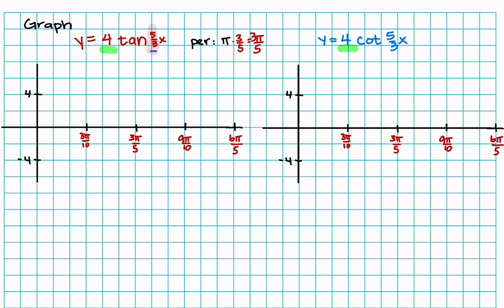Now, the reason why I put these two functions next to each other is so you can see how the x-intercepts and the asymptotes are related to each other. When you're dealing with a tangent function, what I want to remember is that sine over cosine is how we define it. I probably should have said x rather than theta, but cosine defines all of my asymptotes because it's in the denominator for tangent, and sine is going to define all my x-intercepts.